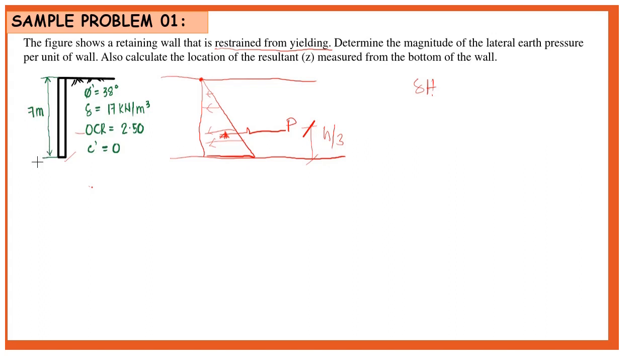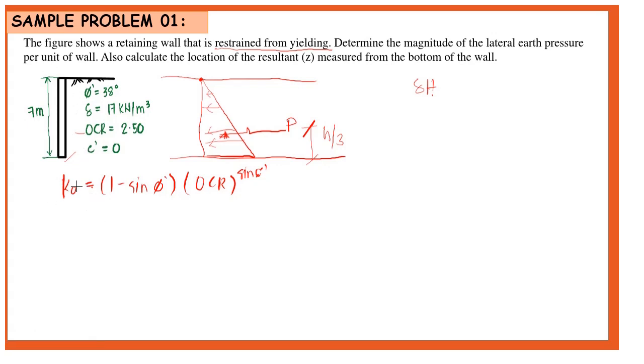So our K, the lateral earth pressure coefficient for rigid, is equal to 1 minus sine of our internal friction times OCR raised to sine of phi. That will be our pressure coefficient if we have a rigid retaining wall.